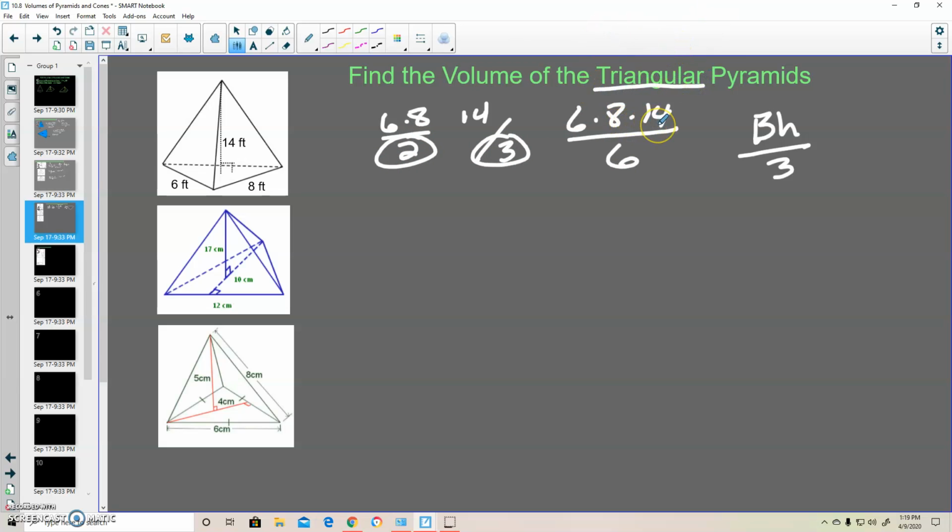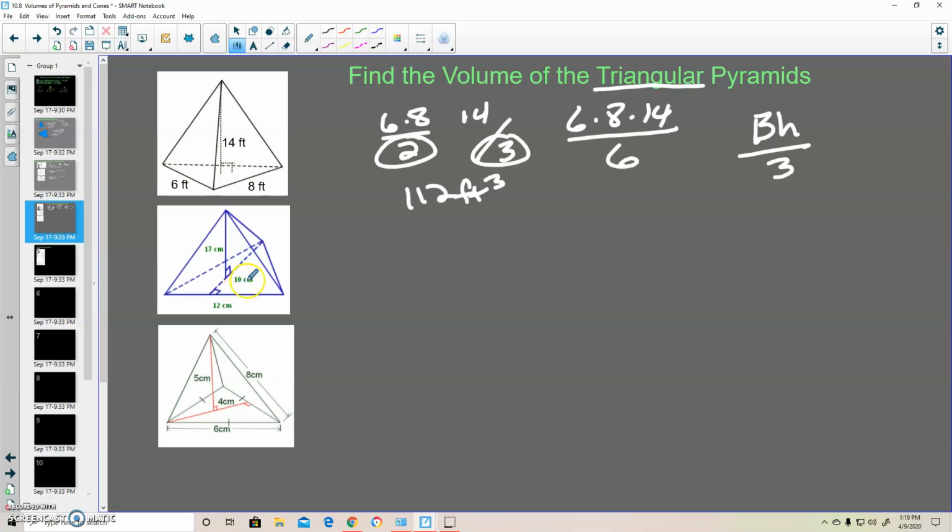Okay, so we should get 112 for that. When you multiply that and divide, 112 feet, and it's still cubed.